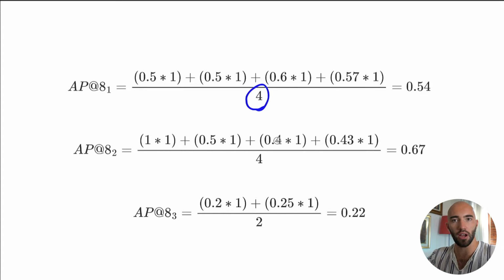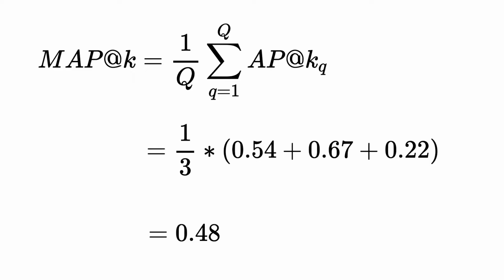It's averaged over the possible k values. You can see here that we've done this for 3 queries, so we have query 1, 2, and 3. Now, the mean part of mean average precision is simply taking the average over each one of these. And that's mean average precision.